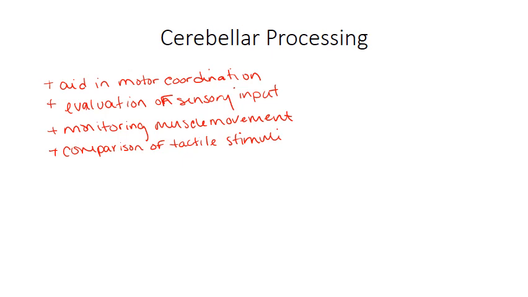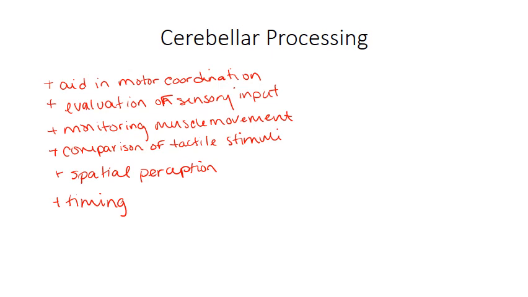That would be comparison of our tactile stimuli. Spatial perception, and also appropriate timing of actions and when to do things. So this is just a short list of what the cerebellum does. So the functions of the cerebellum.